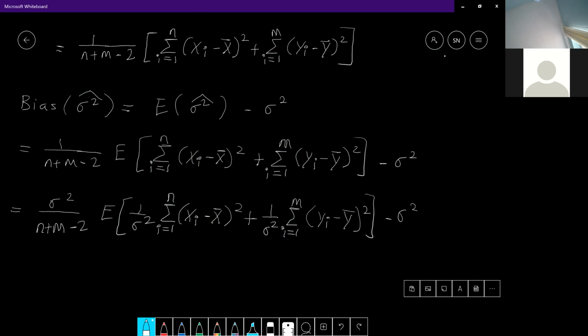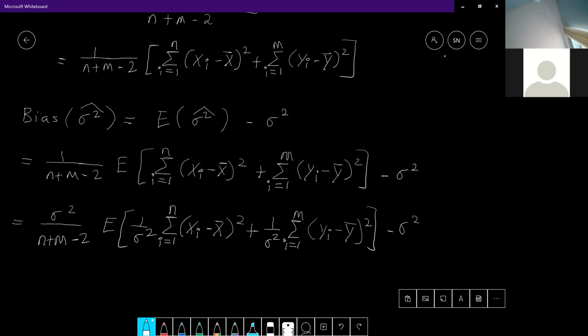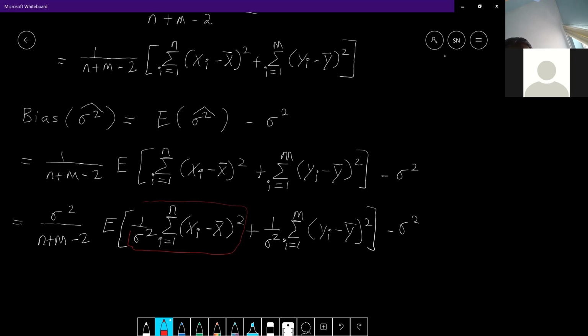Now you may remember from a long time ago, when I talked about the chi-square distribution, one of the results I mentioned is that if the data are normally distributed, then each of these guys, this one here and this one here, has a chi-square distribution.